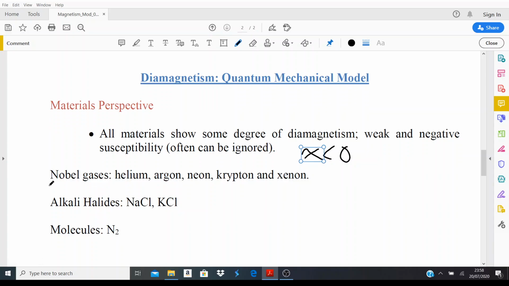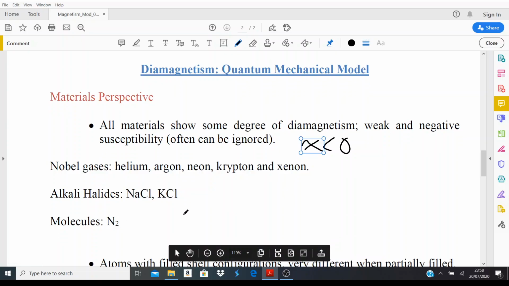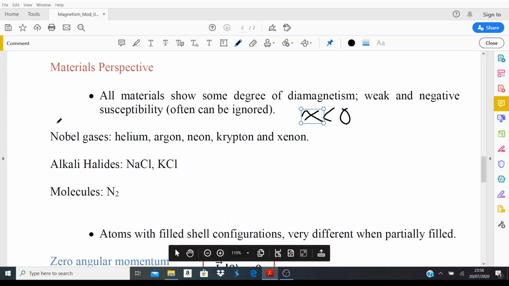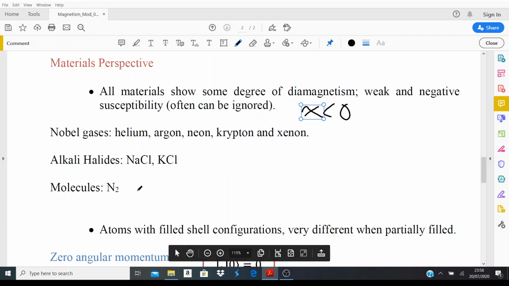Let's say we start with some noble gases like helium, argon, neon, krypton, xenon, right? We have some alkali halides, sodium chloride, potassium chloride. We can think of a molecule also, right? So it's the nitrogen molecule. It turns out these are diamagnetic. And the reason, if you look at them a bit carefully, all of them have filled shell configuration, right?